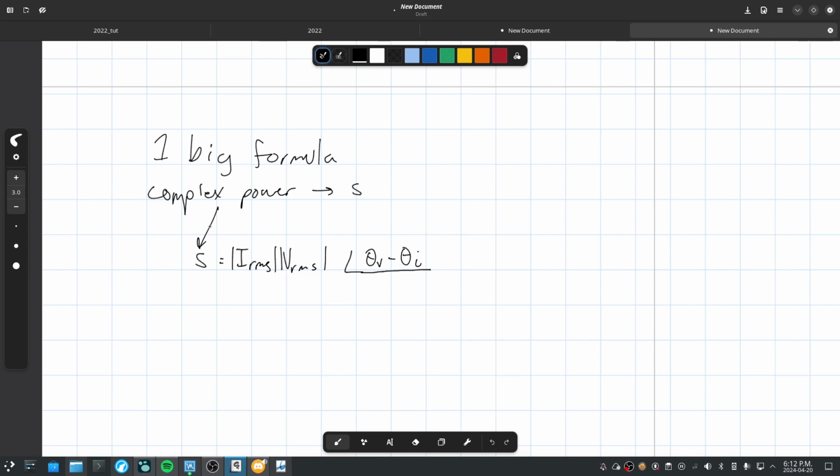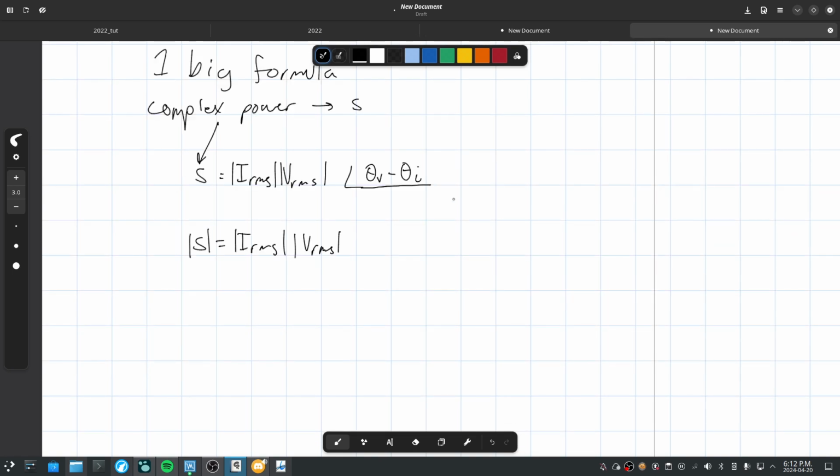The magnitude of S is the magnitude of I RMS times the magnitude of V RMS, so you can rearrange this equation: S divided by the magnitude of V RMS is equal to the magnitude of I RMS. Like in terms of the question you did, how did you find S based on Q5 for 2022?